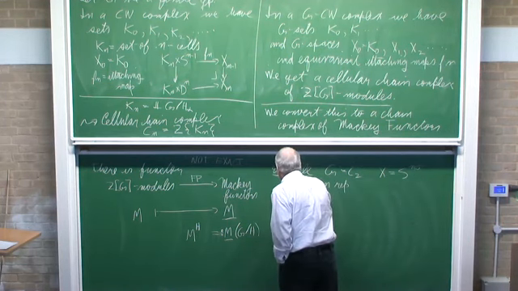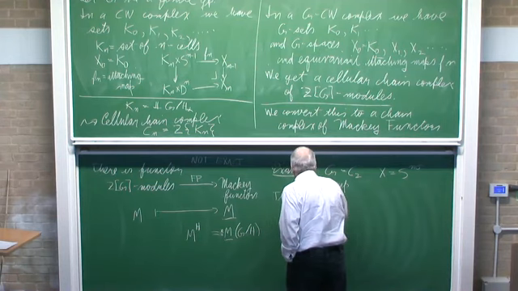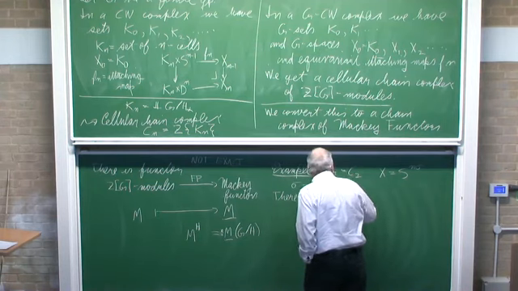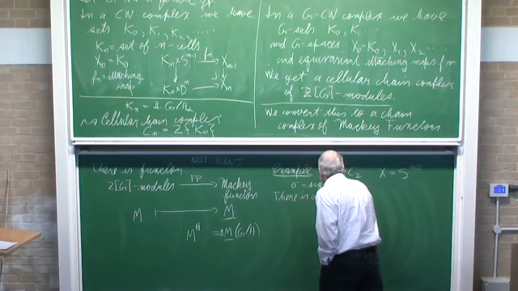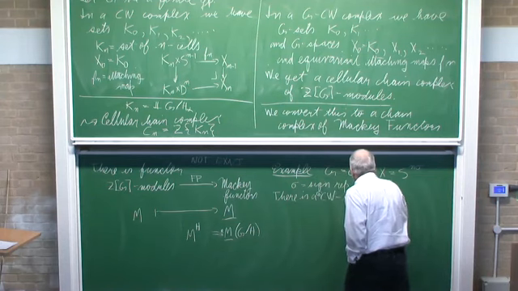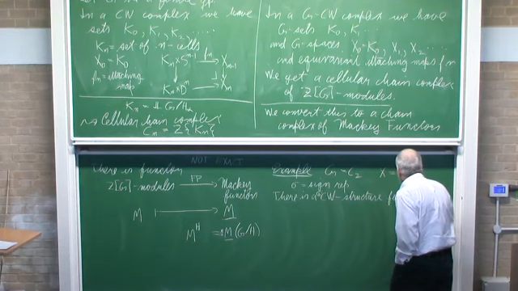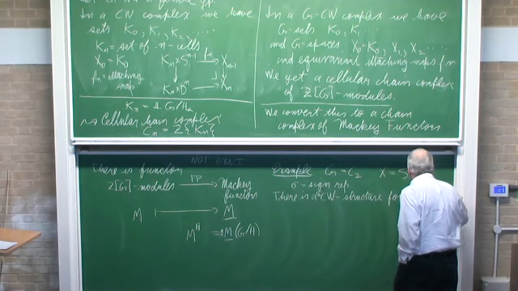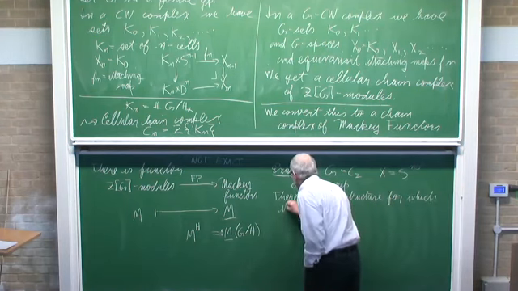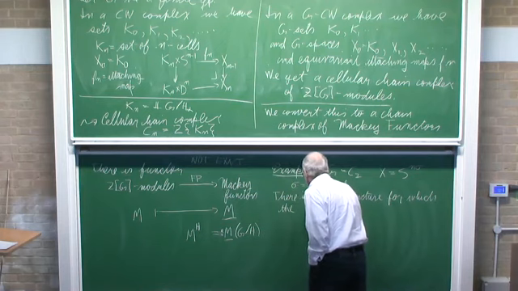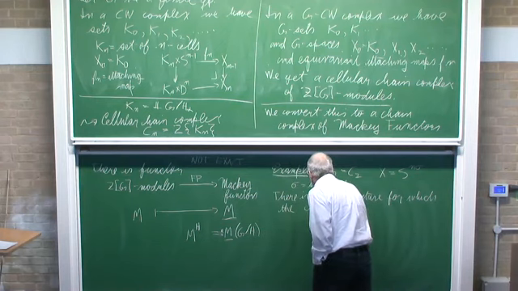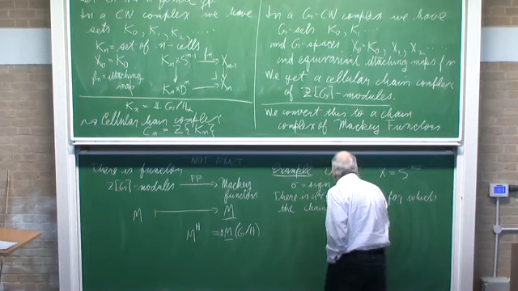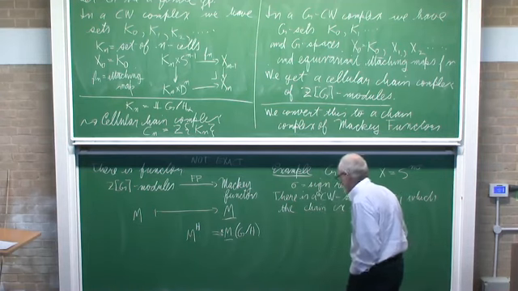So there is a G-CW structure for which the chain complex is as follows.